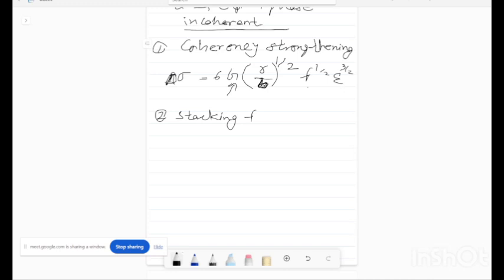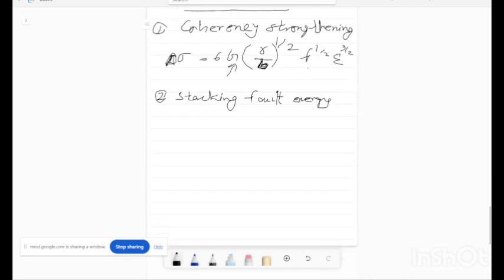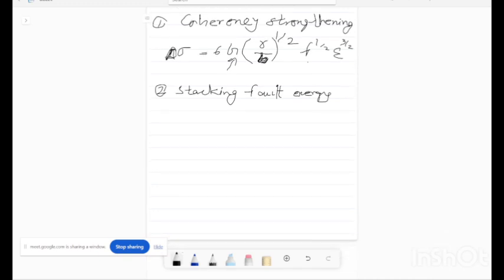So next is stacking fault energy strengthening. Strengthening due to stacking fault energy. So the stacking fault energy in the precipitate particles and the matrix is different, because the composition is different for the precipitate and the matrix.